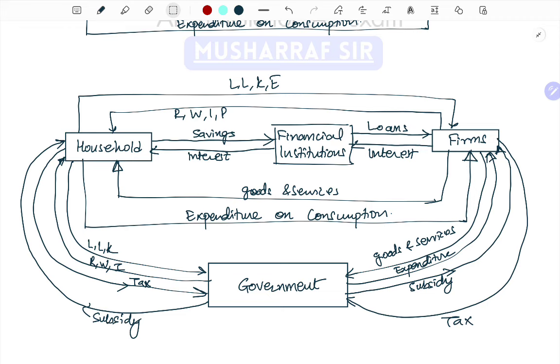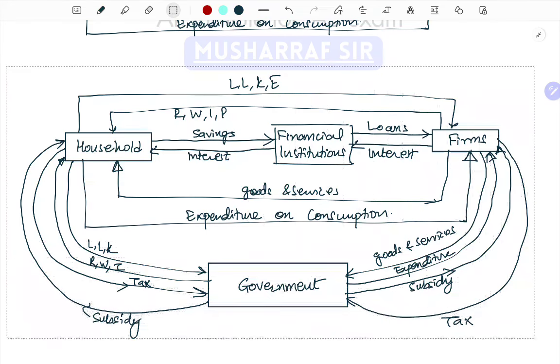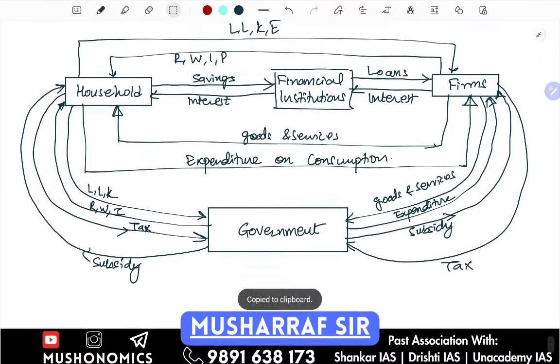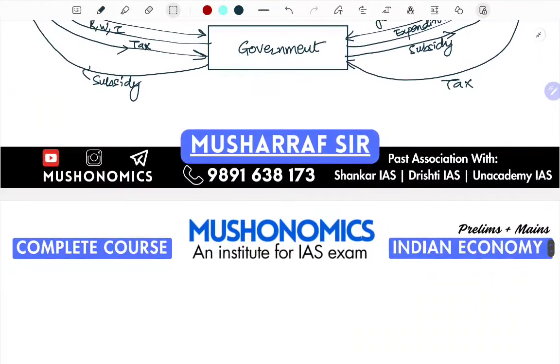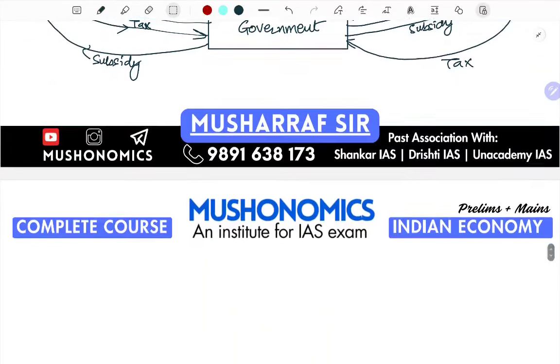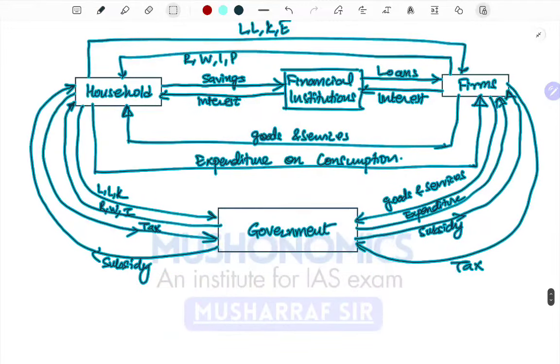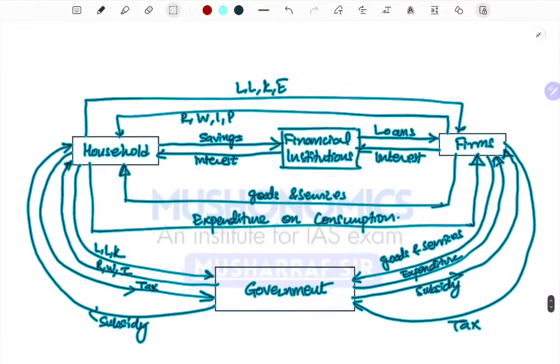Now we can introduce one more sector here. So let us copy it again, and we can make it on the next page. Suppose we draw this diagram here again, so it is like this, right?